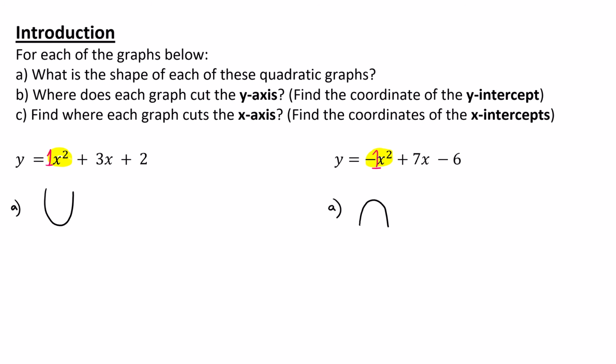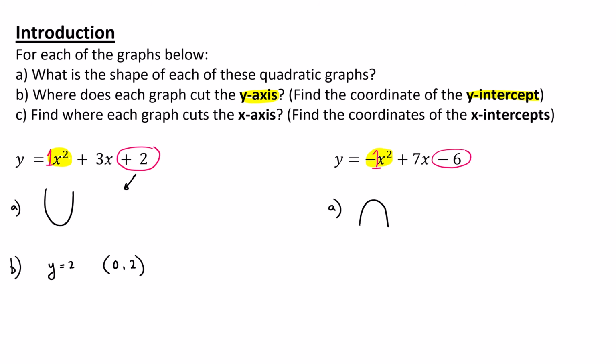And then the next thing to determine is where the graph cuts the y-axis, which is the y-intercept. Now, for any graph, the y-intercept is the constant number, the number that doesn't have an x attached to it. So for part A, this graph is going to cut the y-axis at y equals 2. So that's the y-intercept. The actual coordinate is 0, 2.